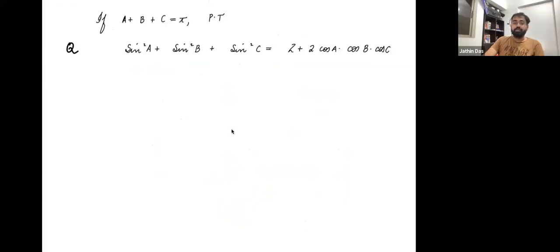Now squares are there. What is the first logic when squares come? See, it's the sum of sine squares. So I have to convert 1 into 1 minus cos square and take it accordingly. Tell me which sine square you're converting.